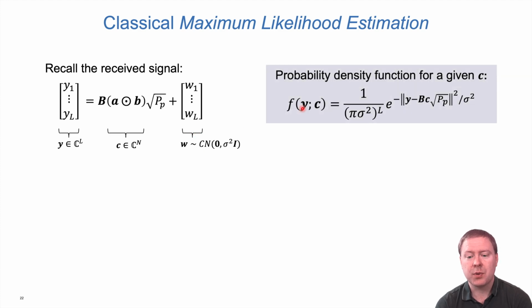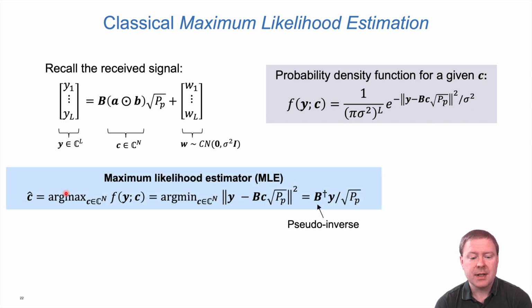So we can write up the probability density function of y for a given c vector, and it has this particular form. The maximum likelihood estimator would like to find the value of c that makes this probability density as large as possible. And we are picking all possible c vectors of length N. This is the same as minimizing the term up here in the exponent. And if you solve this thing, well then this is the result here.